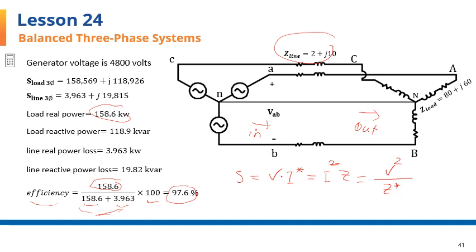For this example, I would like for you to just recalculate the load power for single phase, and then you can multiply it by 3. Using this formula, you can take the 25.7 current, IA, squared times Z, 80 plus j60. That should give you the single phase power of the load.